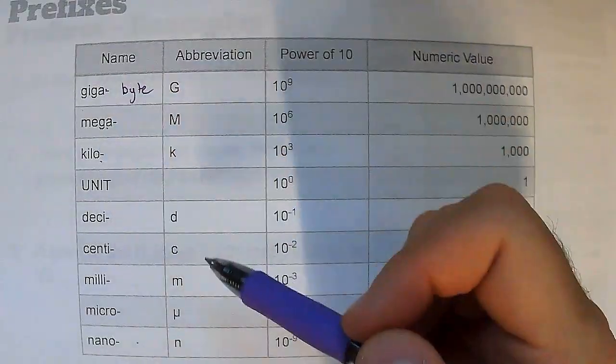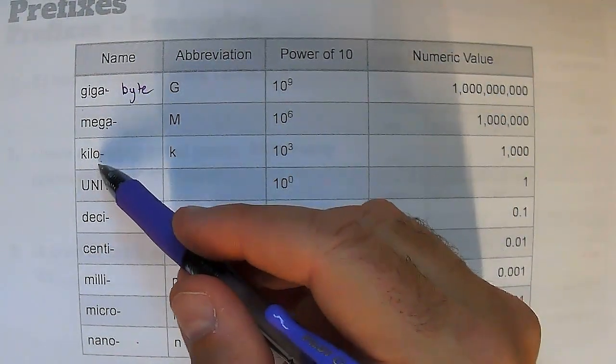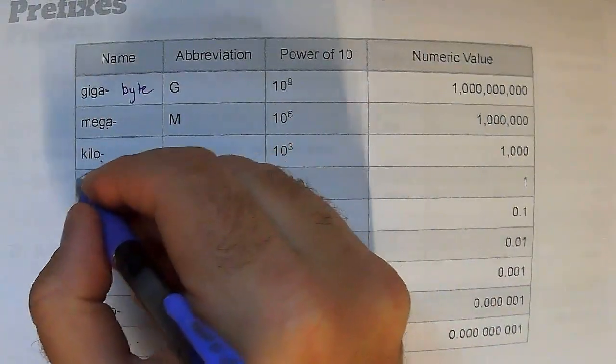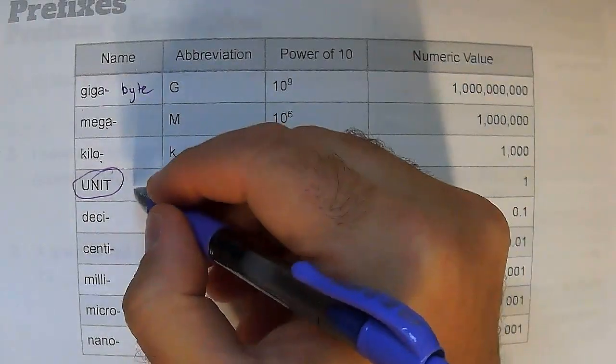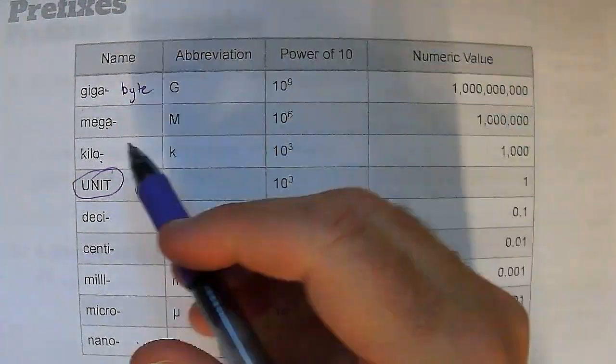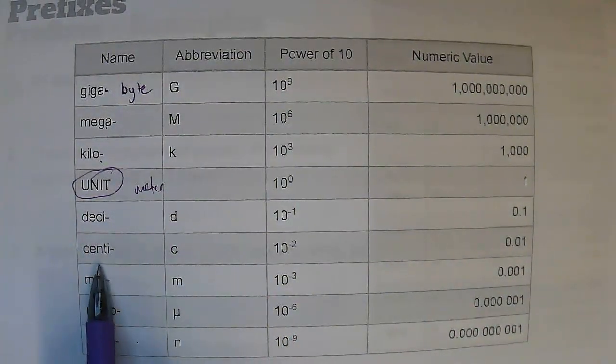Giga, mega, kilo, okay, kilometer, kilogram. And when I put the unit in here, that just means whatever unit we're talking about, like meter. Deci, centi, like a centimeter, millimeter, micro, okay.